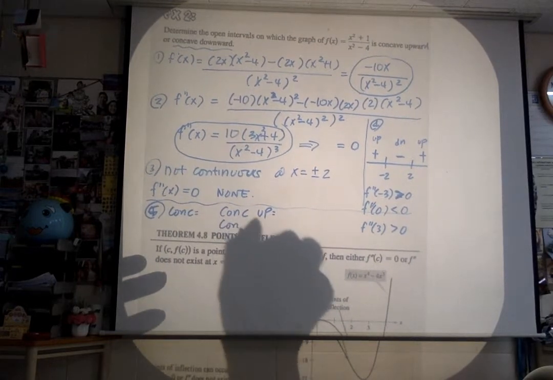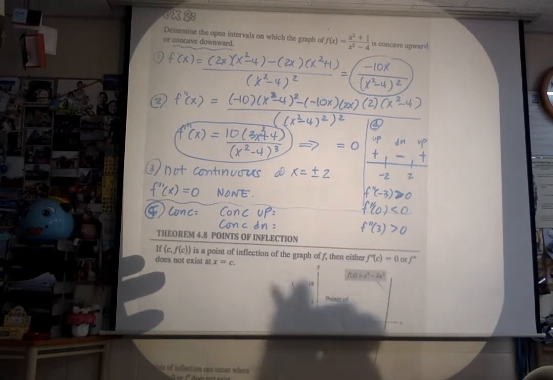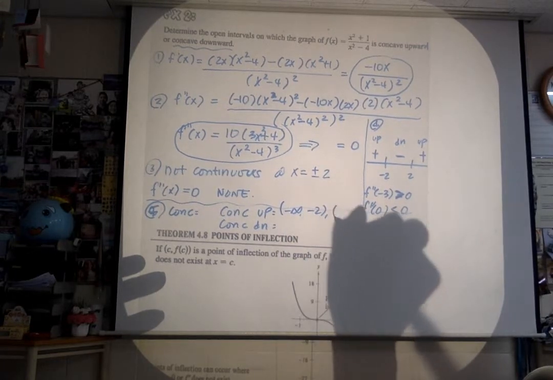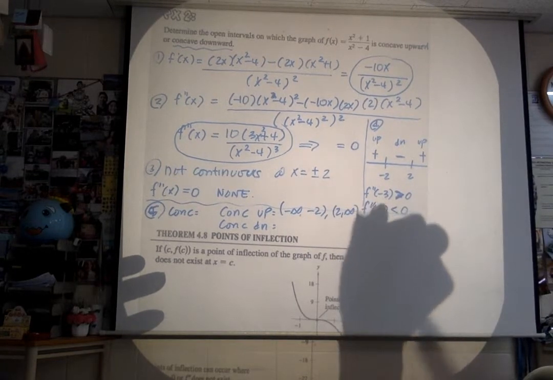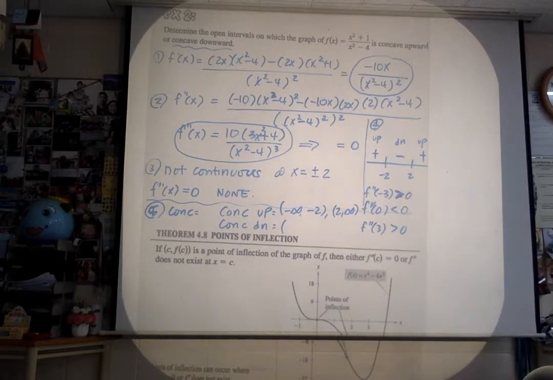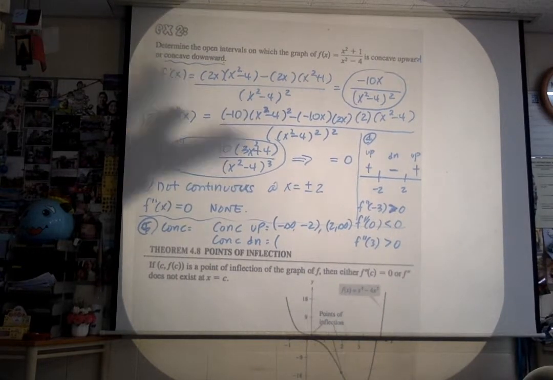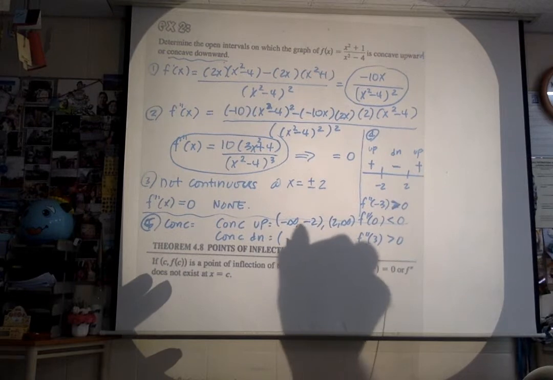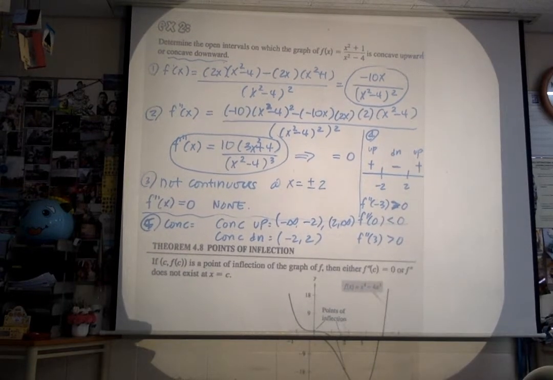Concave down, what intervals? Concave up is negative infinity to negative 2, and 2 to infinity. This is just checking for concavity and finding our critical numbers using our second derivative. Later we're going to put everything together. Concave down is negative 2 to 2. You can see that here.